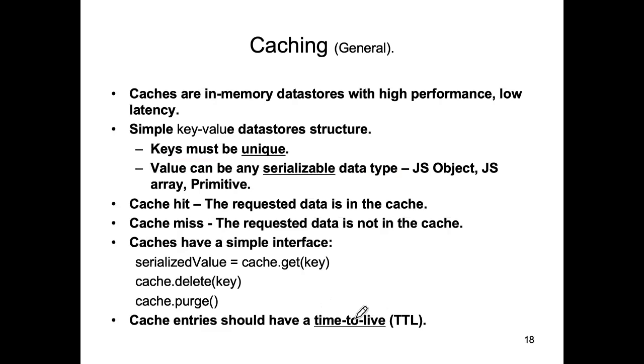And I'm sure you've heard of time to live before. The purpose of the time to live is, once an entry in the cache, once its time to live expires, then the cache itself will remove the entry from the data store because it hasn't been requested for quite a while by the client. So why hold on to it? Because you don't want your cache growing too big within the browser.